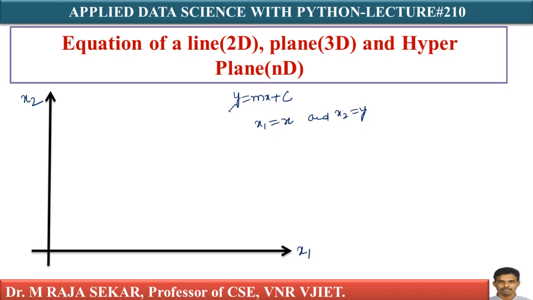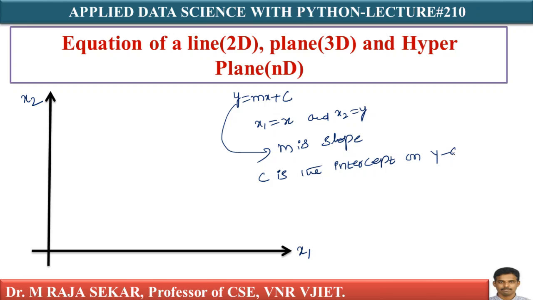In y equal to mx plus c, what is this m? This m is the slope, isn't it? And c is the intercept on the y axis. Your line may be like this, y equal to mx plus c, where m is the slope and c is the intercept on the y axis.